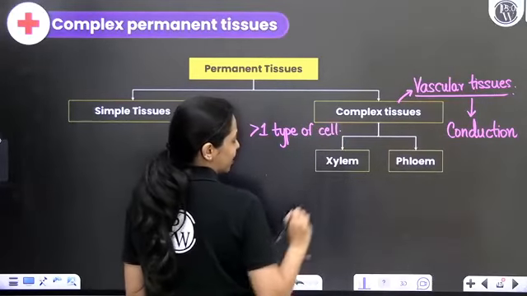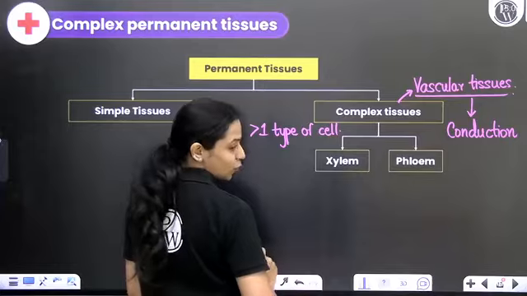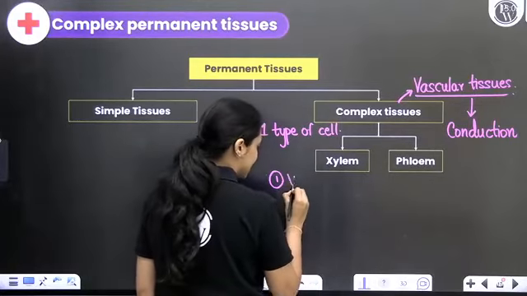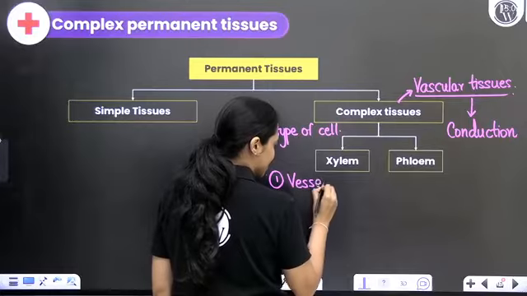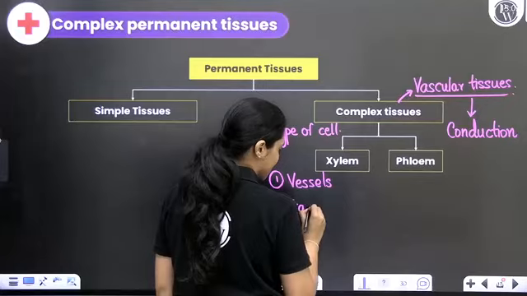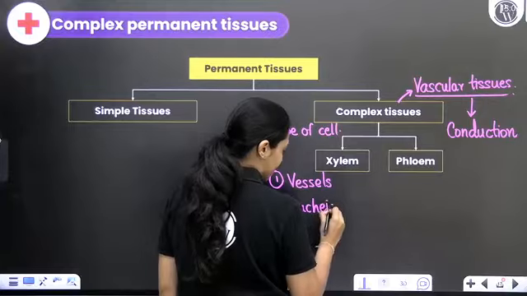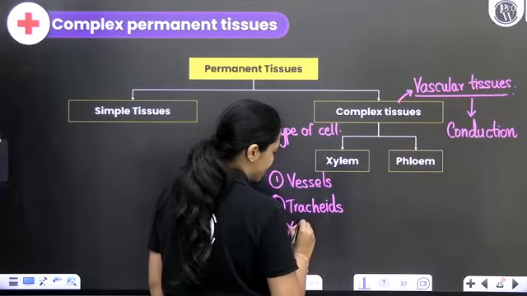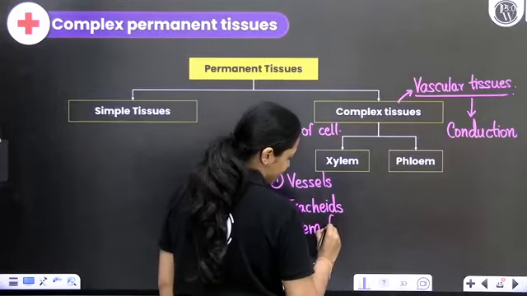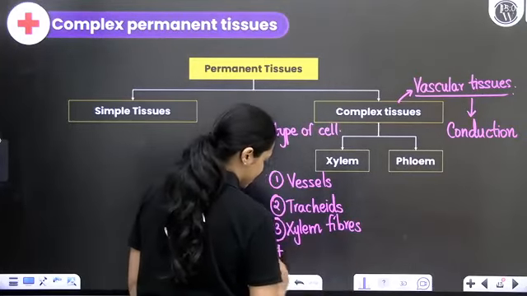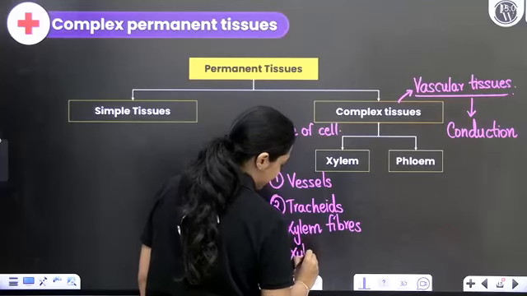Xylem has 4 different types of cells. Phloem has 4 different types of cells. Within xylem, you can find xylem vessels, xylem tracheids, xylem fibers, and xylem parenchyma.